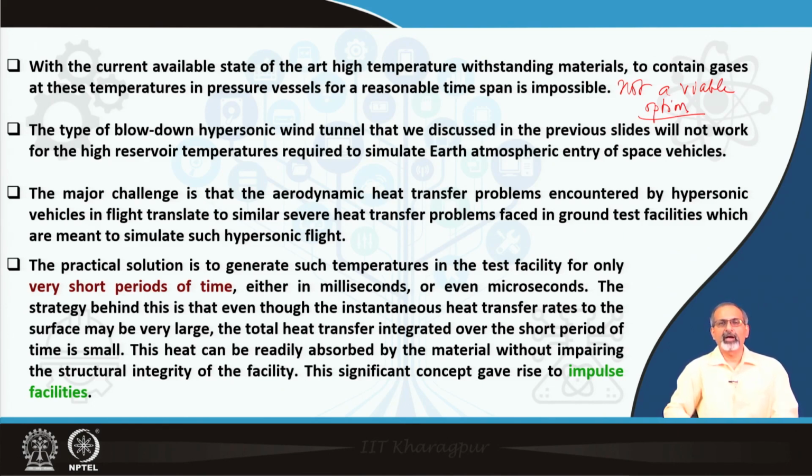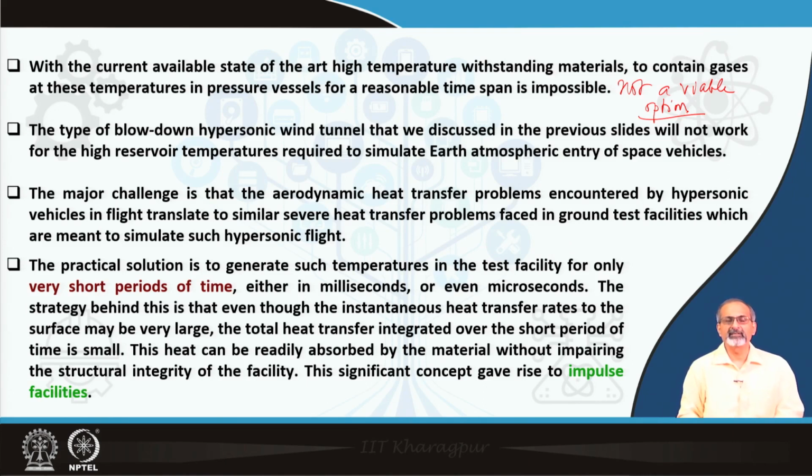The type of blow down hypersonic wind tunnel that we discussed in the previous slides will not work for the high reservoir temperatures required to simulate Earth atmospheric entry of space vehicles, especially if it is getting to those kinds of temperature ranges in terms of stagnation temperature that we just saw in the previous slide.